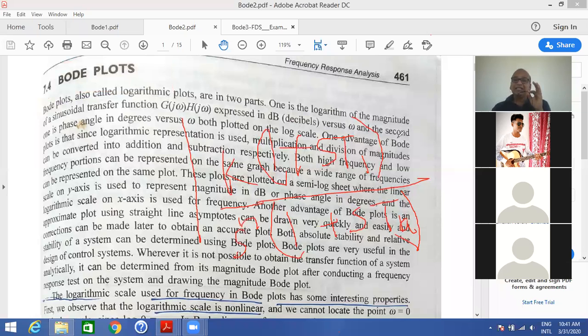Or sometimes there may be complex conjugate zeros, that is S square plus twice zeta omega n S plus omega n square, or 1 plus B C plus A C square. This is nothing but a complex conjugate.